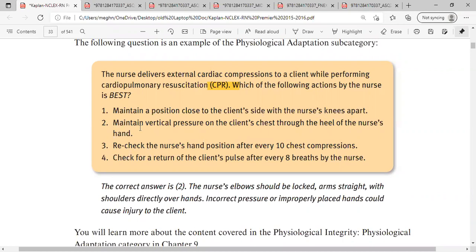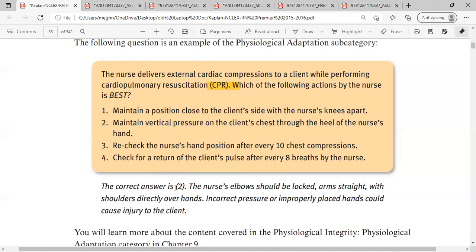Number 2, maintain vertical pressure on the client's chest through the heel of the nurse's hands and recheck the nurse's hand position after every 10 chest compressions, and check the client's pulse after every 8 breaths by the nurse.